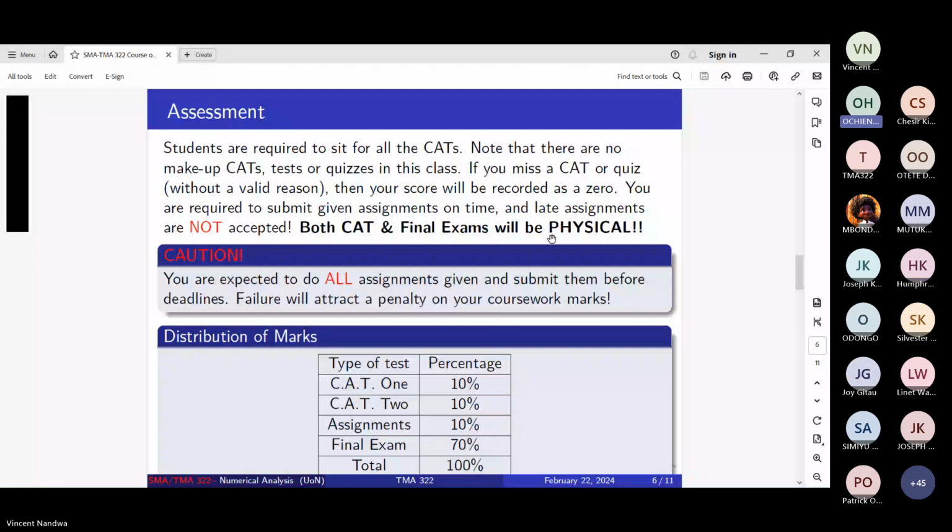We are seeing the slide that shows the type of test and percentage, CAT 1, 10%. Are you not able to see the slide with the chapters?